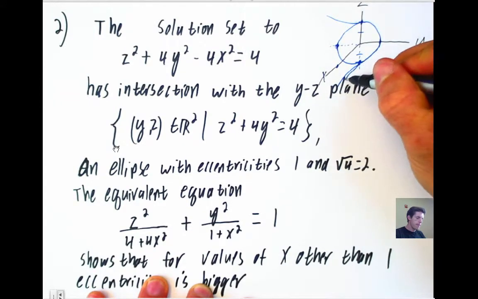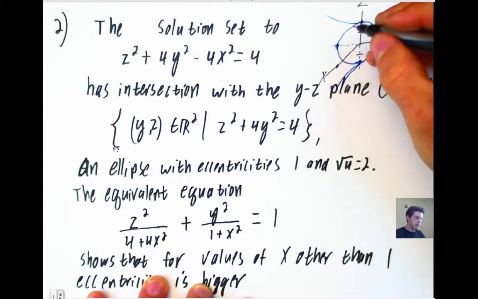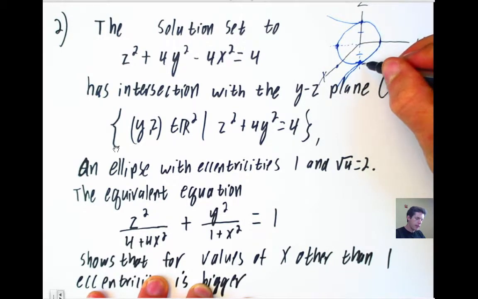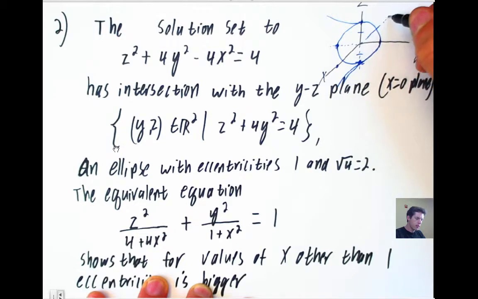I need to think about, maybe it'd be easier to take one going back, right? Going back along this, maybe centered at this point. Eccentricity is bigger as I go back. There's going to be some ellipse.